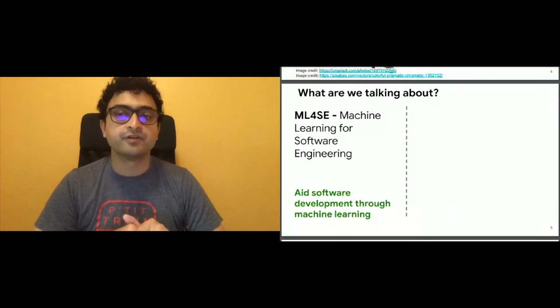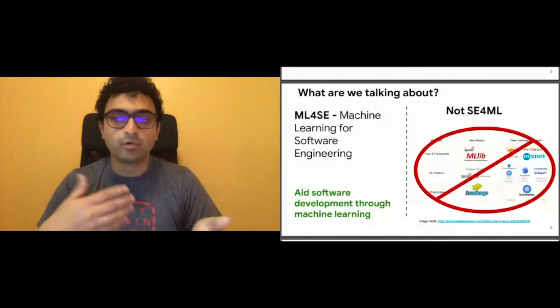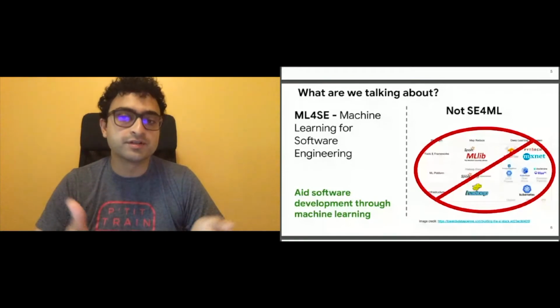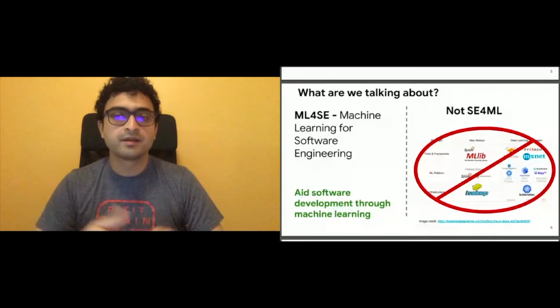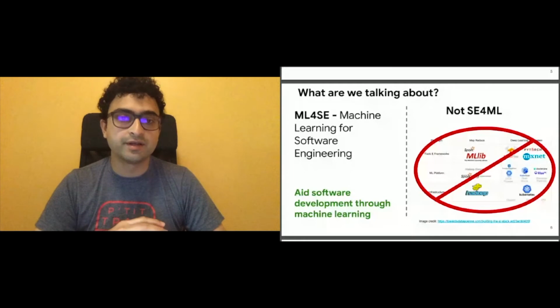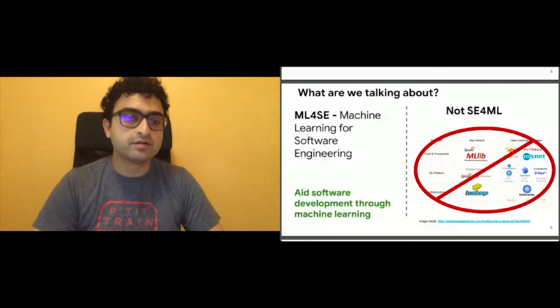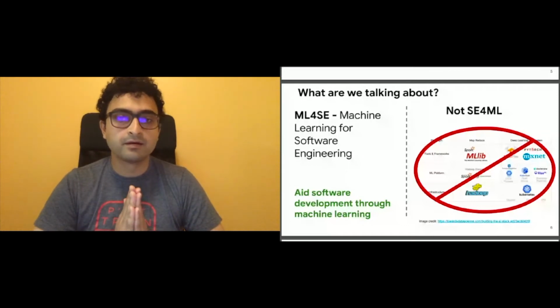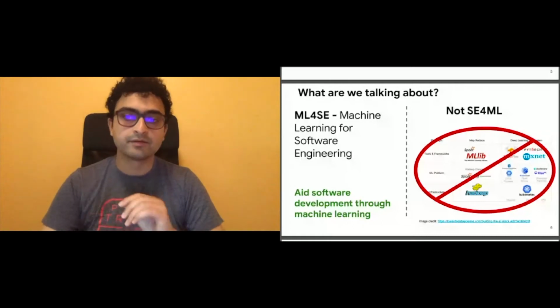It's not SE for ML. So this is probably what we're more familiar with. These are the tools, the libraries, the frameworks, such as Spark and Apache that go into helping with machine learning. We're not talking about that. We're talking about machine learning just for helping software engineering. Okay.